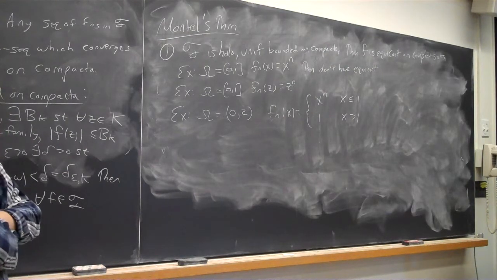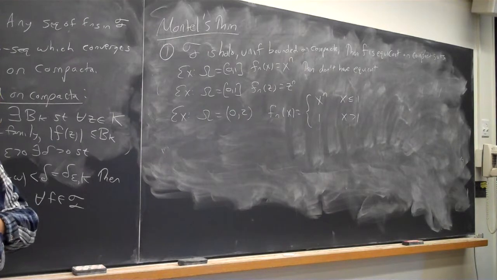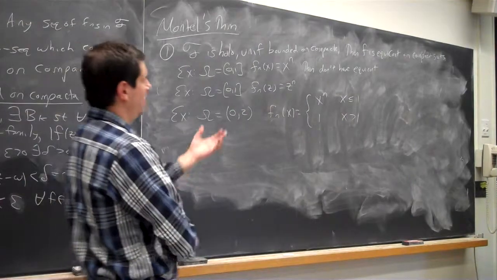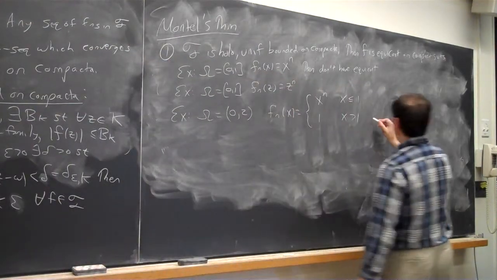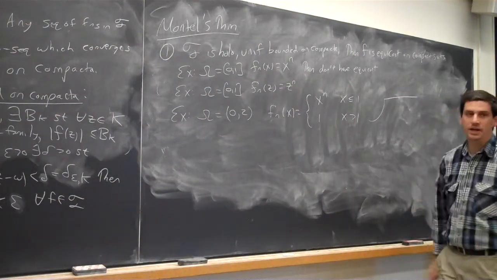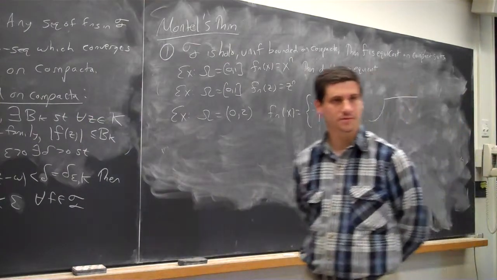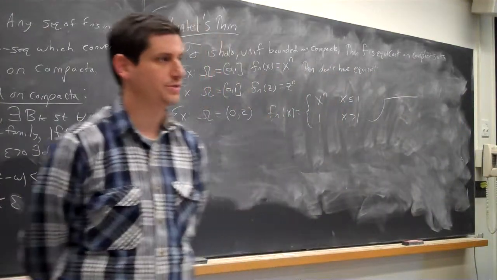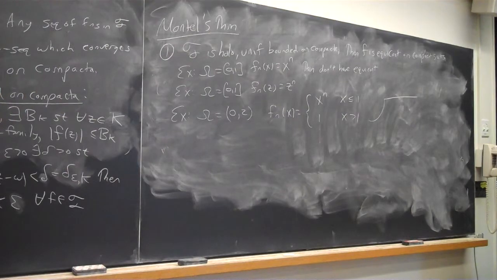And so if I include the point 1, then a compact set could be [1/2, 1], and I want to study open sets. So if I consider now omega equals (0,2), and I take this function, like this with a kink, now I will have issues. But what's wrong? Why might this be a bad example?